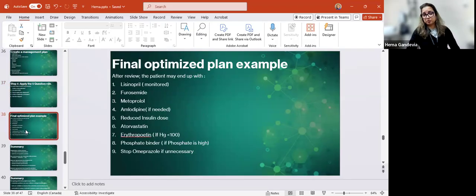So this is what I came up with: after review, the patient may end up with lisinopril dose monitored. If not at the same dose, maybe he could go for a dose reduction, and continue furosemide, metoprolol, and amlodipine. You could potentially deprescribe amlodipine or keep it if needed. If his blood pressure is not under control, you still keep amlodipine.